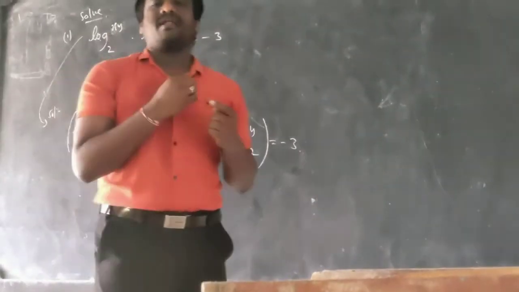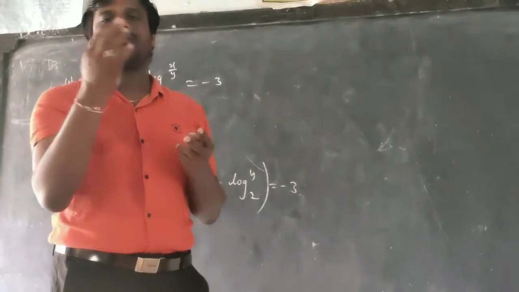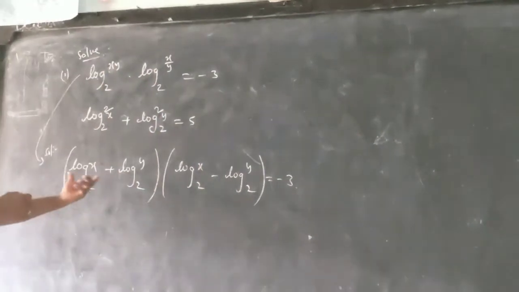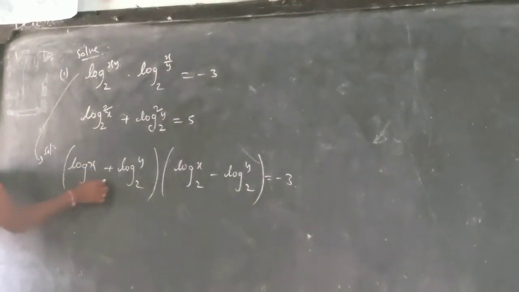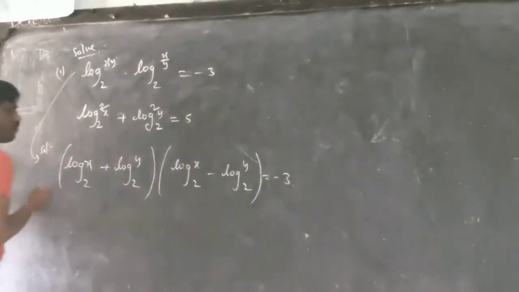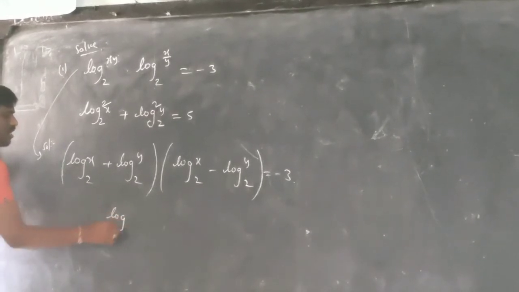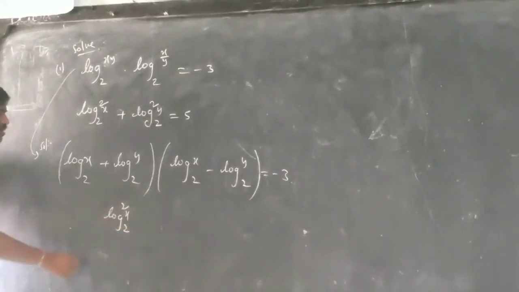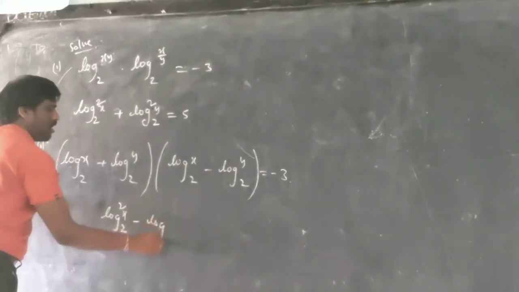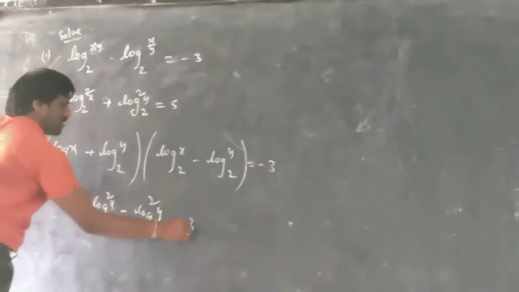Tell me the a plus b into a minus b formula. A plus b into a minus b is a square minus b square. So according to this formula, a plus b into a minus b becomes a square minus b square. What do I get here? Log x with base 2 square minus log y with base 2 square is equal to minus 3.